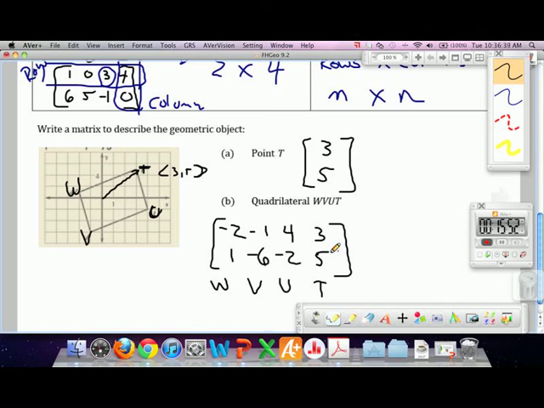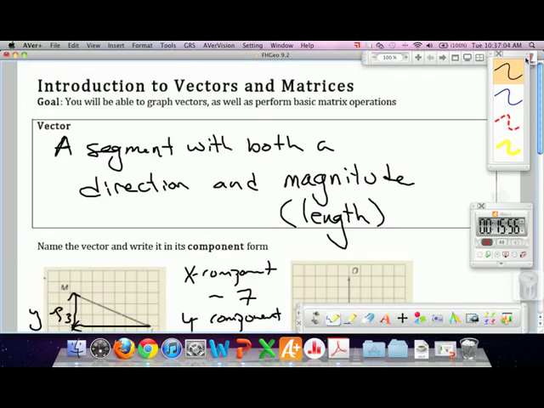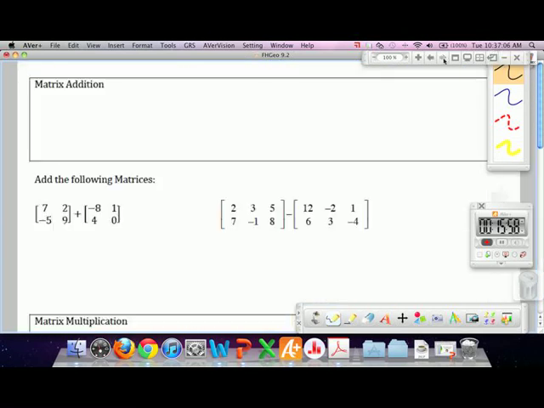In particular, we can do the two common operations, addition and subtraction, and multiplication.